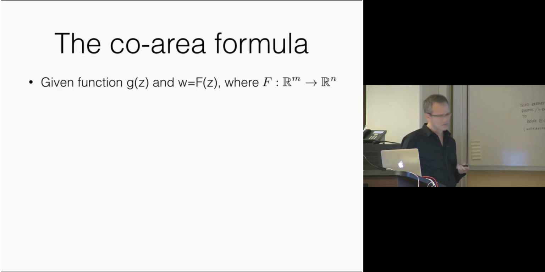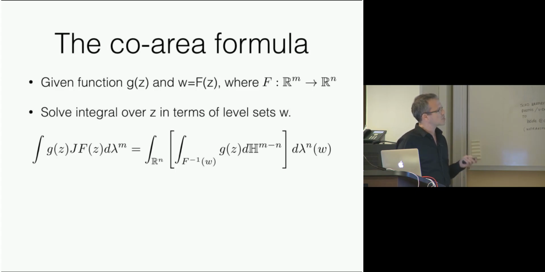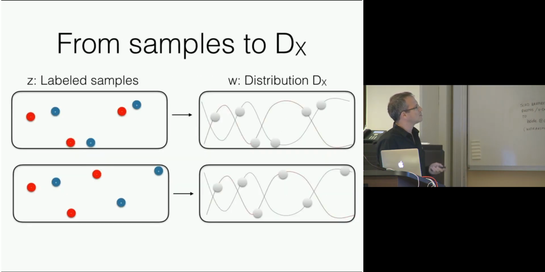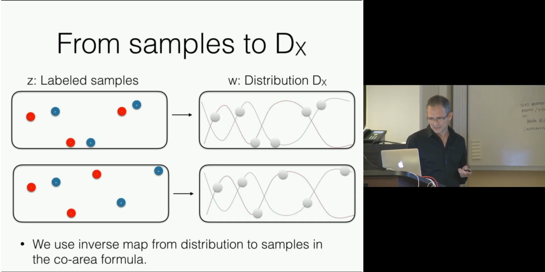And it's tricky to show this, and to do this we use this thing called the co-area formula, which helps you do integration over level sets, and that helps us treat this generative process of data distributions and labeled data. So the key thing to notice is that there's this mapping between labeled samples and unlabeled distributions, which we use, and then we use the inverse map with the co-area formula to get what we need.